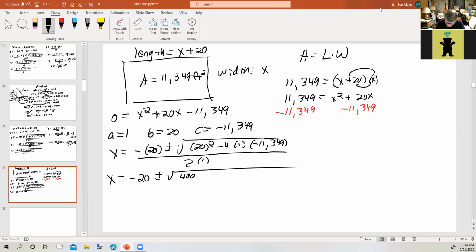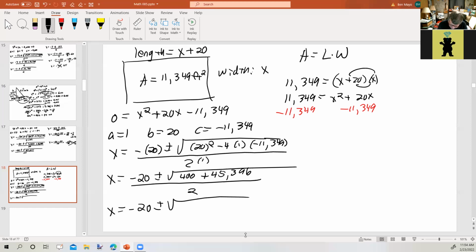Minus 4 times 1 would be minus 4. So then we've got minus 4 or negative 4 times negative 11,349. So that's going to be plus 45,396 all over 2.